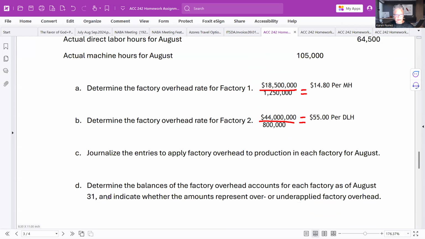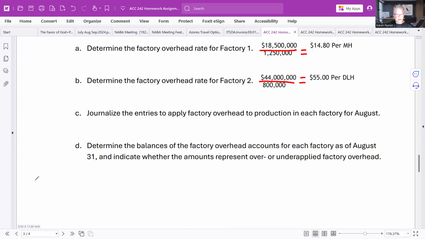So let's see. I think it might be easier to do C down here. We're going to do factory one first. I'm just going to abbreviate that as F1. So for factory one, we need to apply the overhead, right?